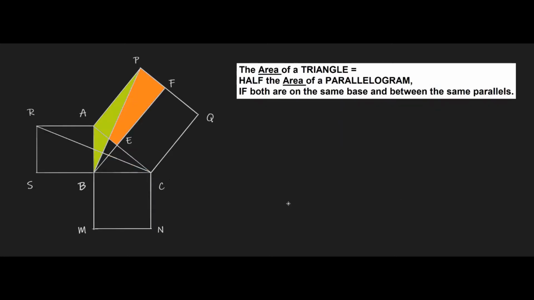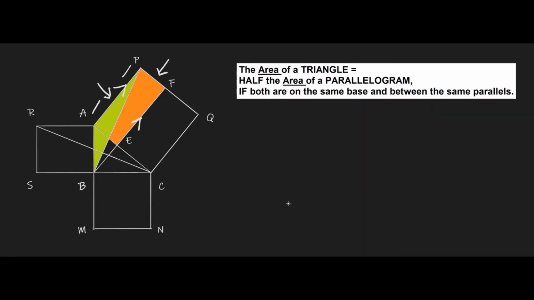Similarly, when we look at the triangle PAB and the rectangle PAEF, we find that both of them are between the same parallel lines AP and BEF, and they are both on the same base AP, right?